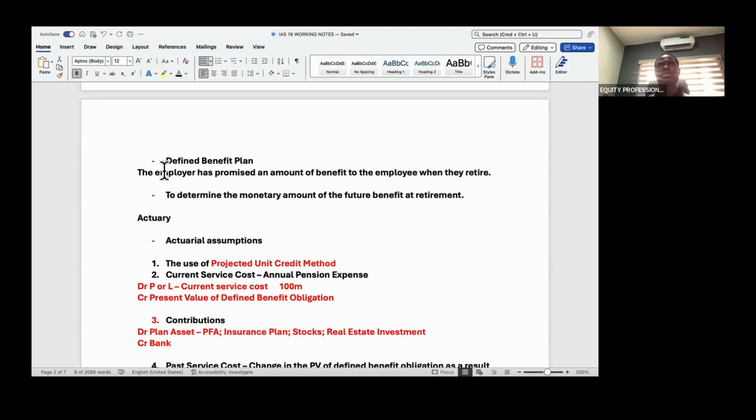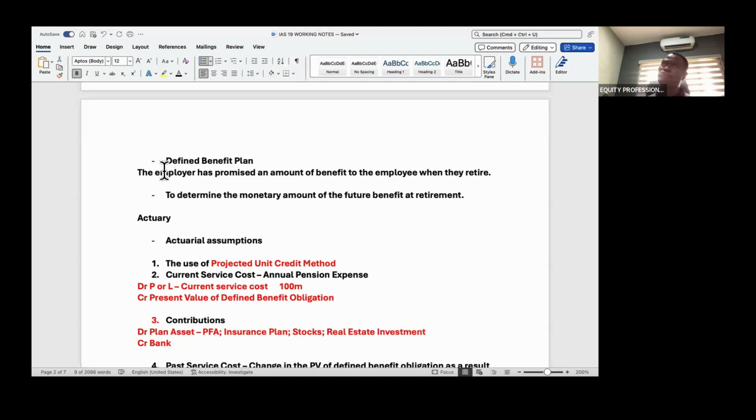Because the benefit might not come in form of, okay, we'll give you money. It could come in form of, okay, we'll provide housing for you. Okay, we'll pay your child's school fees. Okay, we'll ensure that you will get your final salary as your pension every month. It's not something direct. So it requires some kind of valuation, knowing how much the benefit would be.